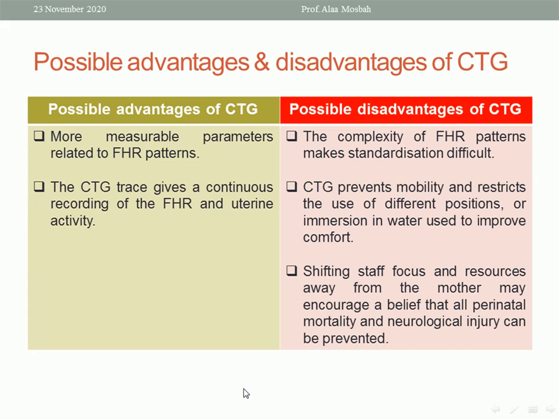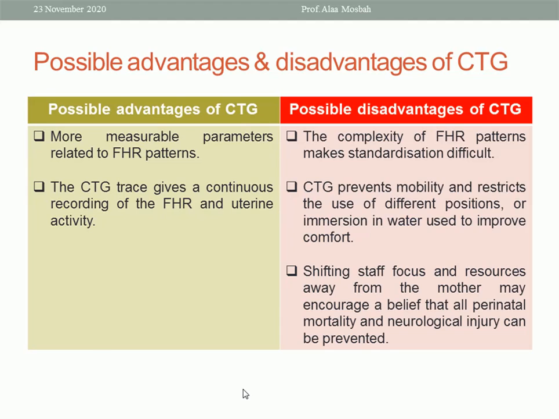What are the possible advantages and disadvantages? The possible advantage: more measurable parameters related to the fetal heart rate pattern, trying to detect any abnormalities. The CTG trace gives a continuous recording of the fetal heart rate and uterine activity during labor.